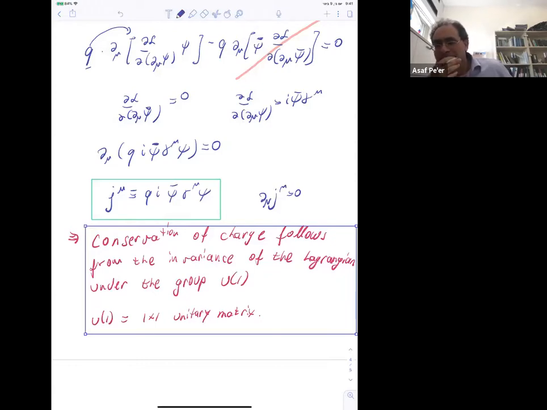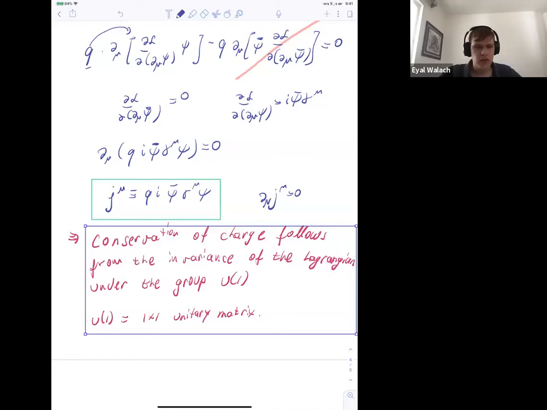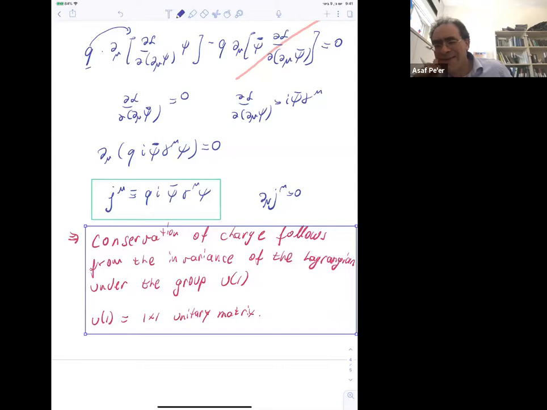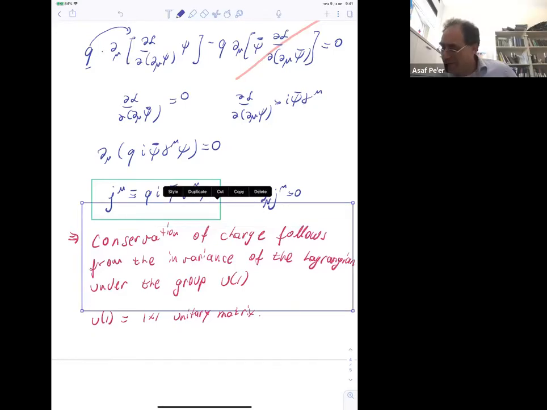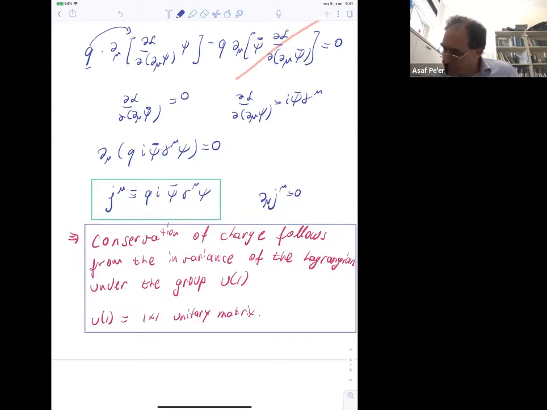One-by-one unitary matrix is just a complicated way to say phase, right? Exactly. But this is a global phase.